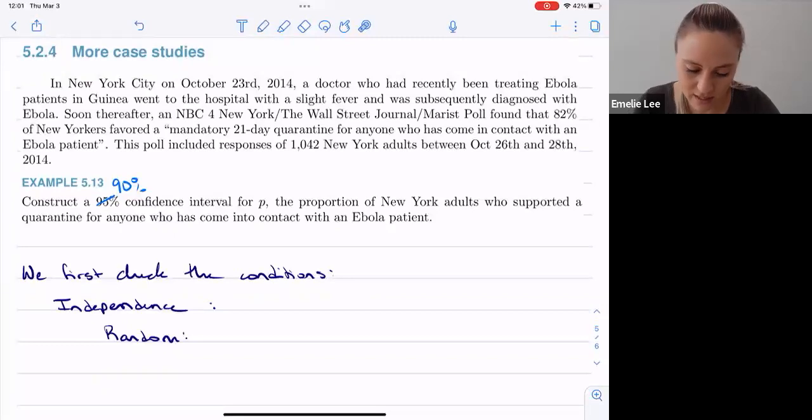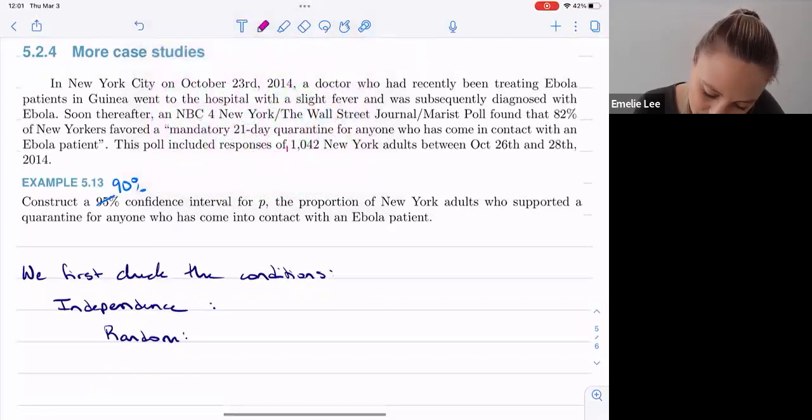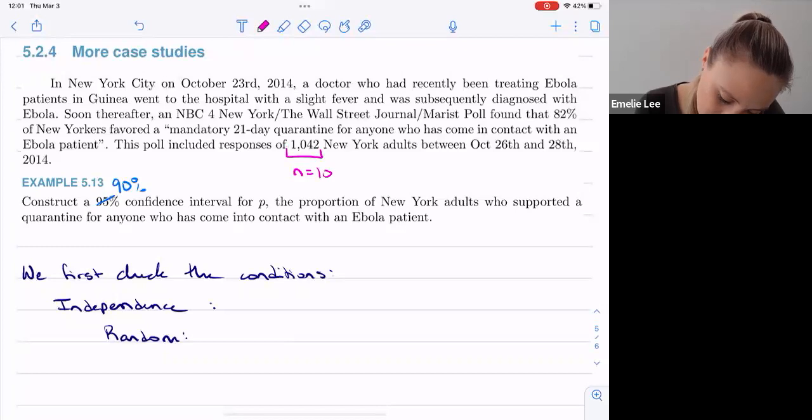Now, let's see here. This poll found that 82% of New Yorkers, and this poll included responses of 1,042 New York adults. And while we're here, I'm going to highlight that this is our sample size.